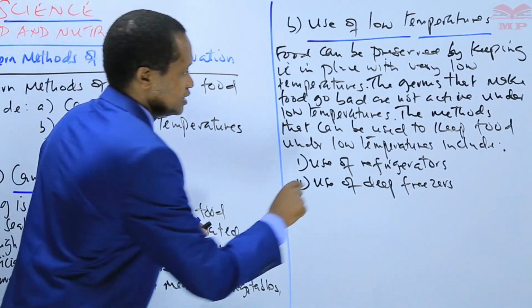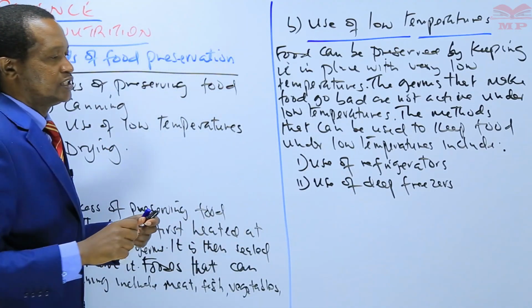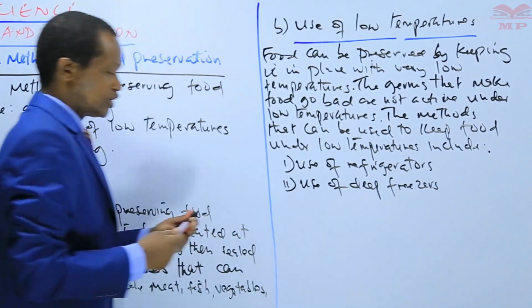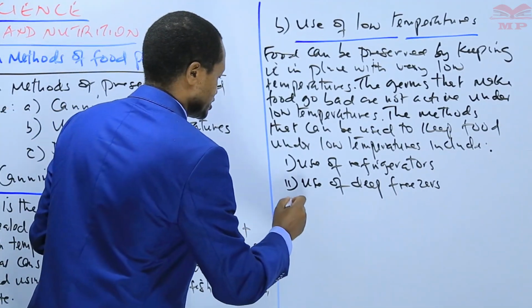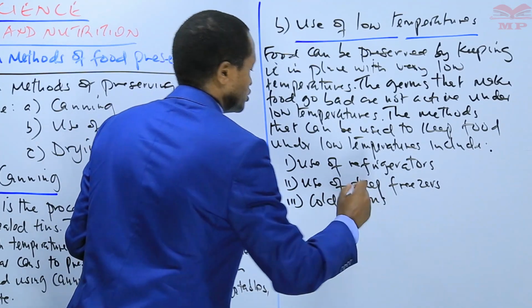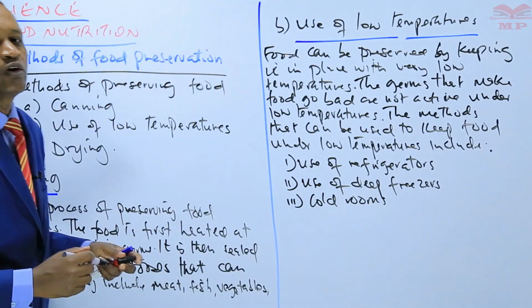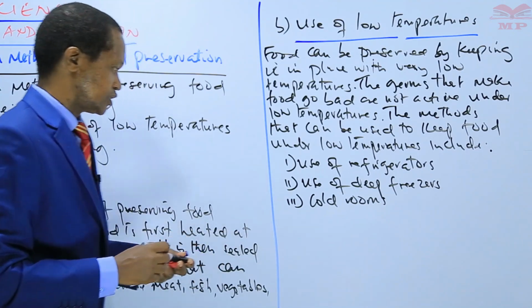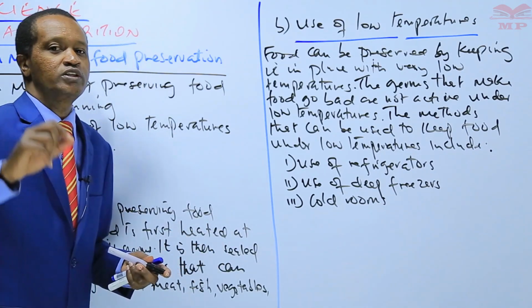Then, other than refrigerators and deep freezers, we also have another method known as use of cold rooms.